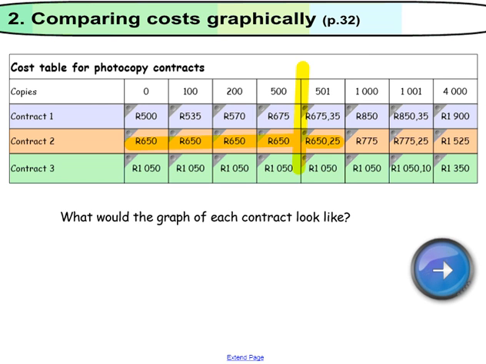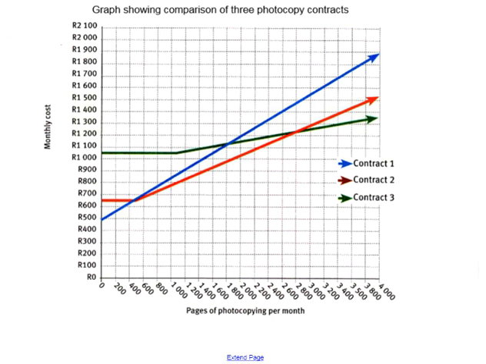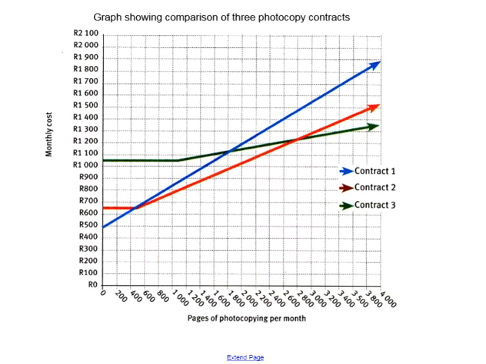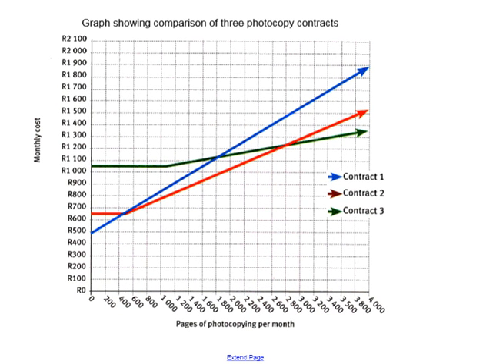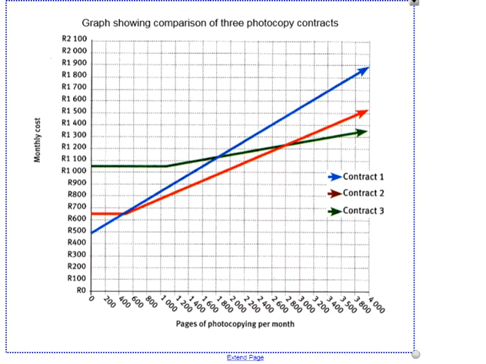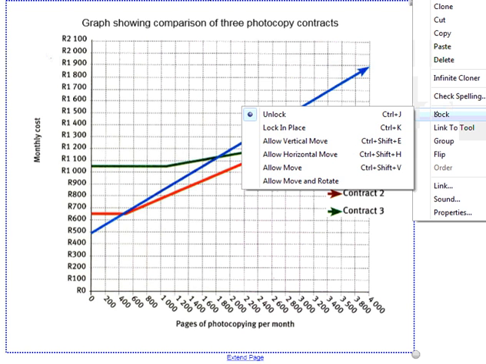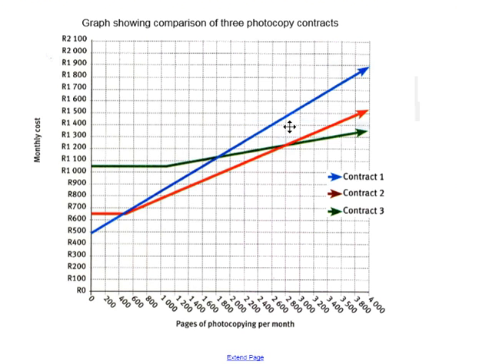Okay, what would the graph look like for each contract? Well, remember, you can decide which is which. Let me lock this in place. Okay, now it won't wiggle. 500, that is where contract 1 starts.